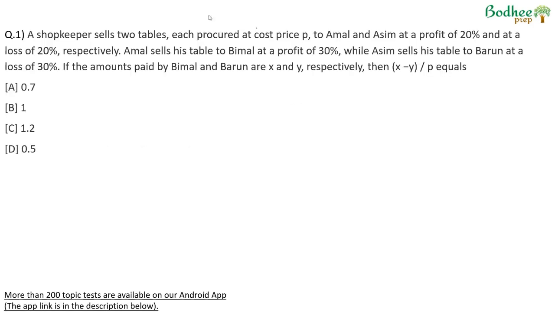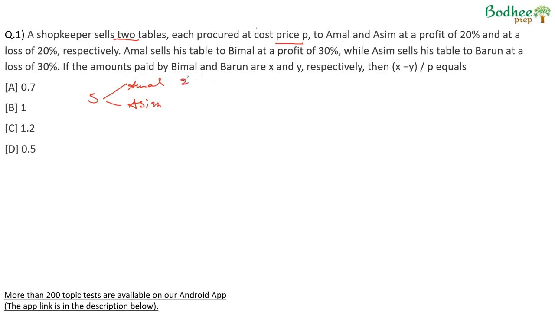Moving on to questions per se. Question number 1 says, a shopkeeper sells 2 tables, each procured at cost price P, to Amal and Asim at a profit of 20% and a loss of 20% respectively.